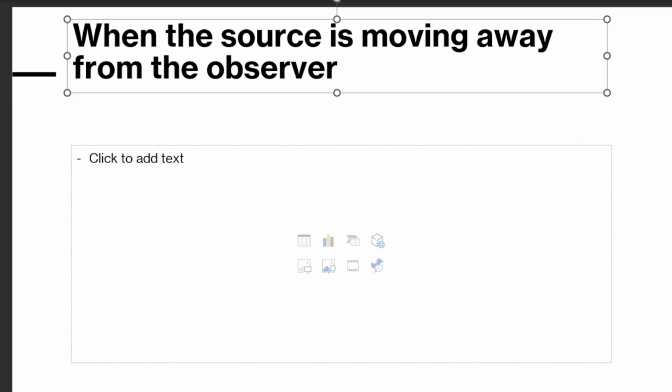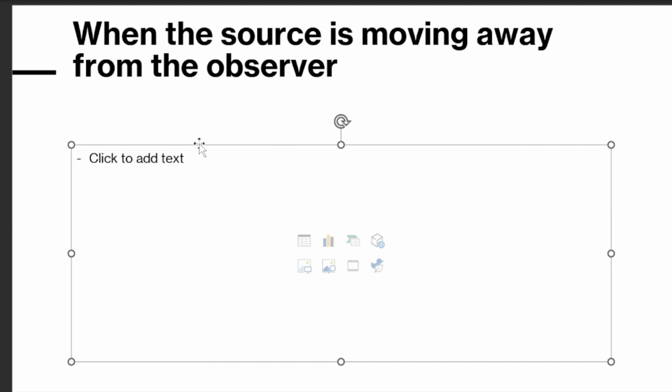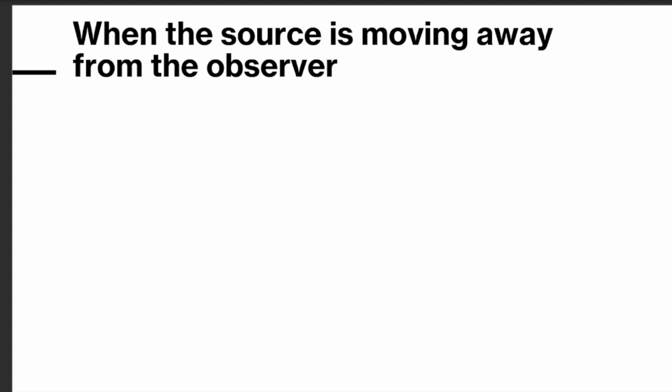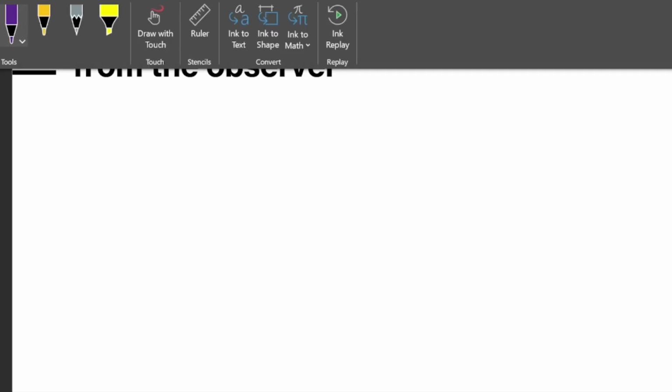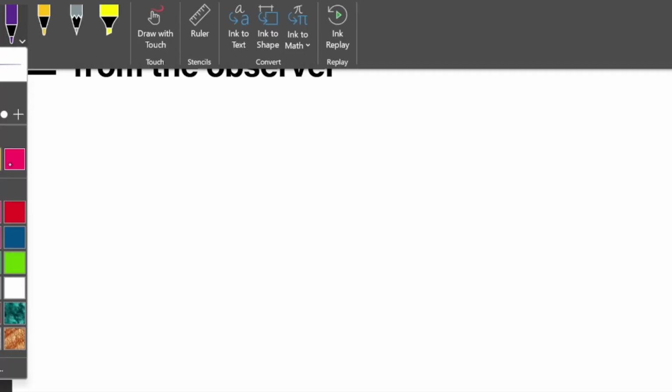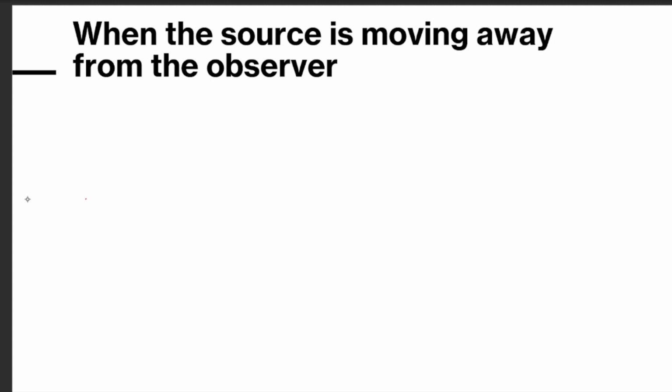Let me adjust just one second. Yeah, this is it. When the source is moving away from the observer, the derivation would be exactly the same. There will not be much change. The derivation would be almost the same.